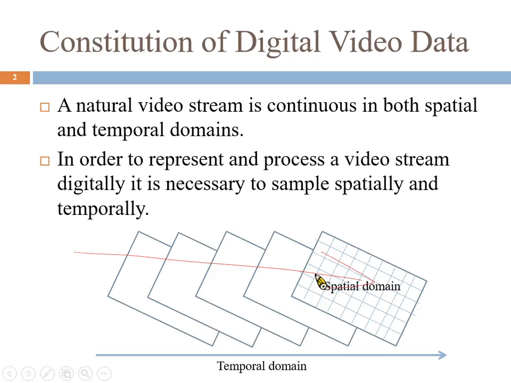In order to represent and process a video stream digitally, it's necessary to sample spatially as well as temporally. There may be an event occurring in the real world, and we do sampling and quantization in the spatial domain, so that we can digitize the visual information at one time instance.